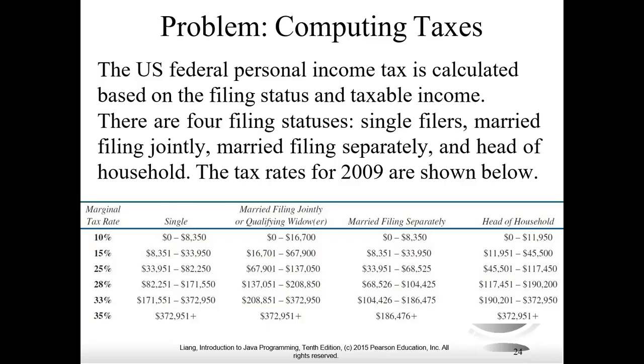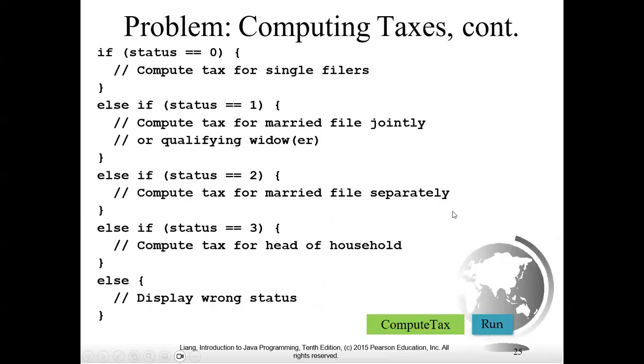The first is married filing jointly, which means the wife and the husband file their tax together. The second one is the husband and the wife filing their taxes separately. And the fourth one is head of household, which means you have a big family and the head of the household files the tax for the whole family. And the related rates are shown below.